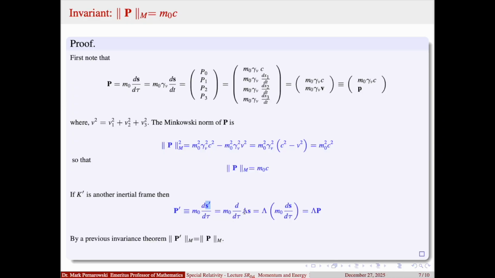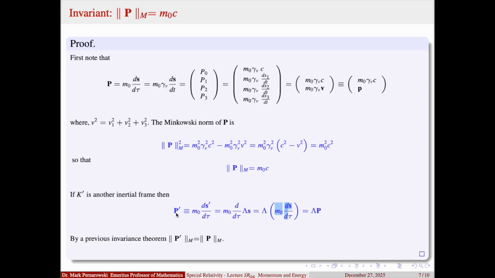And again, you get this Lorentz matrix times the Minkowski coordinate in K. Because the frames are inertial, it's a constant matrix and it can be pulled out. You group these two things together like this, and the second term is just the four momentum in K.